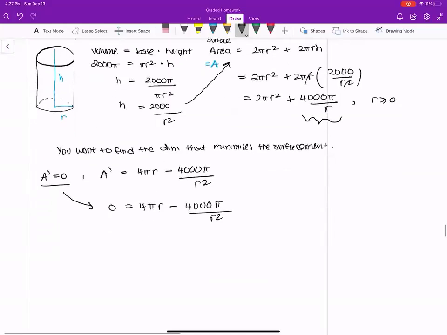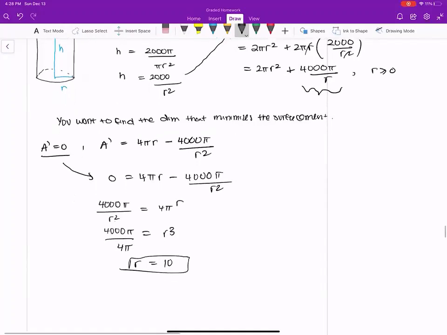If you move one term to the other side and isolate for the radius, you get 4,000 pi equals 4 pi r cubed. Now you can multiply r squared to the other side and divide by 4 pi. So 4,000 pi divided by 4 pi gives r cubed, and this would give r equals 10.